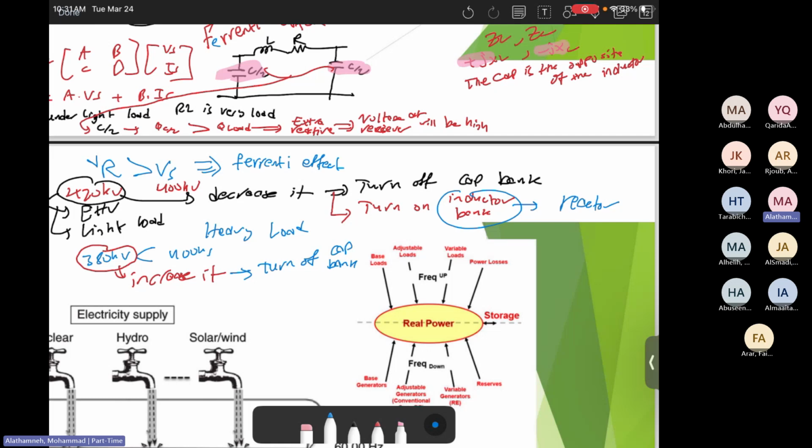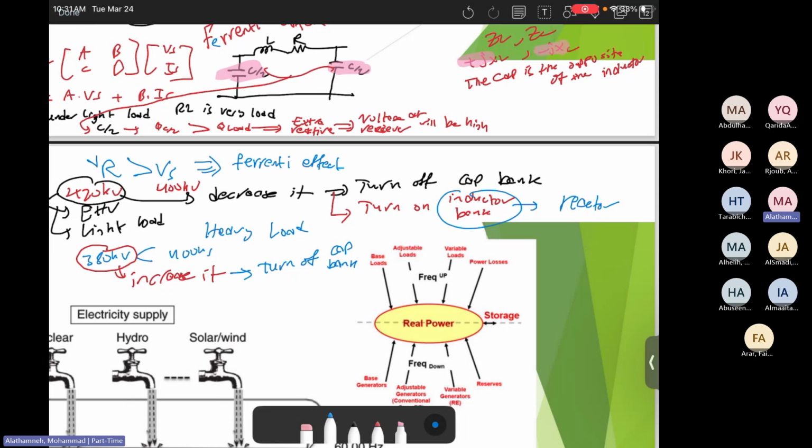Again, the main reason for that is the Ferranti effect. Ferranti effect can happen on long and medium transmission line, not on short transmission line, and it can happen only during light load. When is light load? It can be, for example, during the weekends, like on Friday or Saturday, or during the night. We can see the Ferranti effect significantly large.